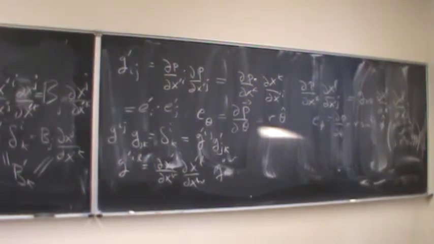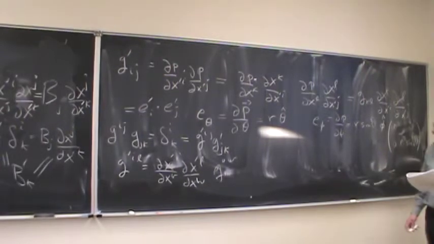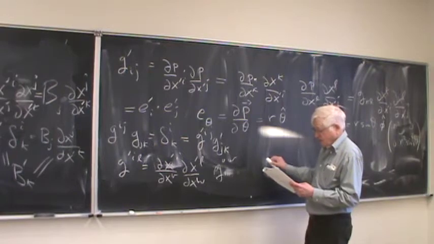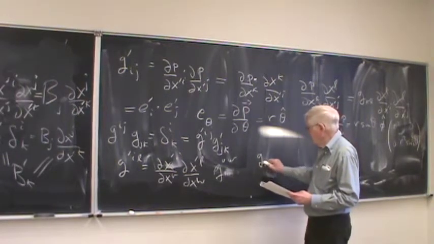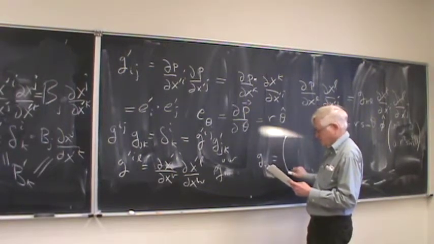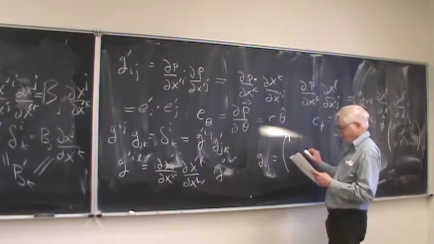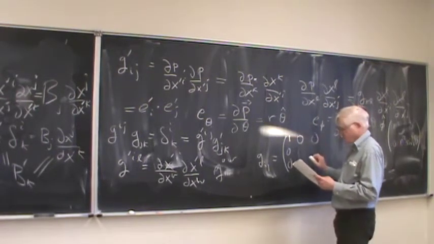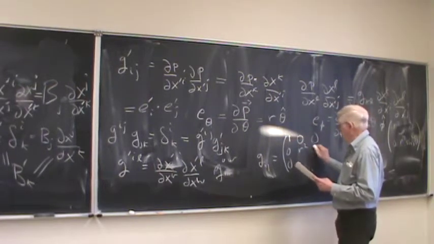Maybe I should say something about, well, that's 2 space. Let me skip to 3 space. If we have spherical coordinates in 3 space, well, then what do we have? g ij looks like this. So I'm going to skip a lot of algebra here. It's in the book. R squared.